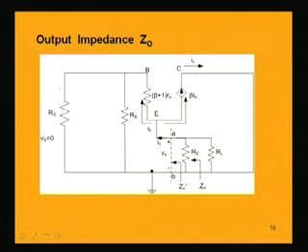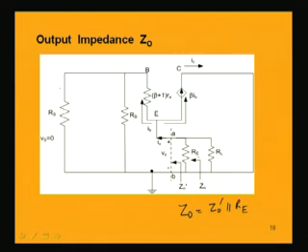That Z naught dash will come in parallel with R e, and that will give the final output impedance. So, overall output impedance for this amplifier is Z naught dash parallel R e. So, Z naught equals Z naught dash parallel R e.